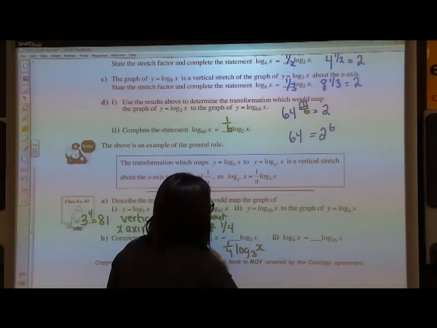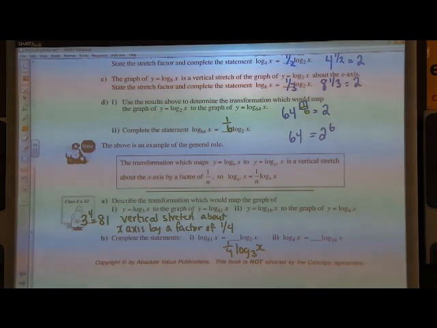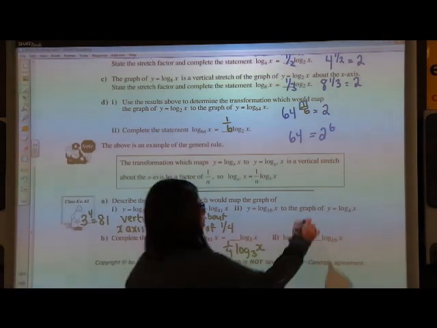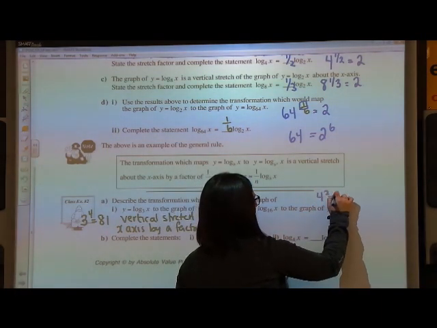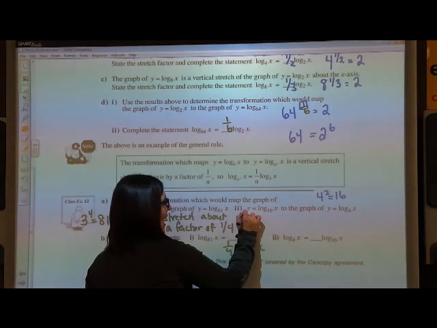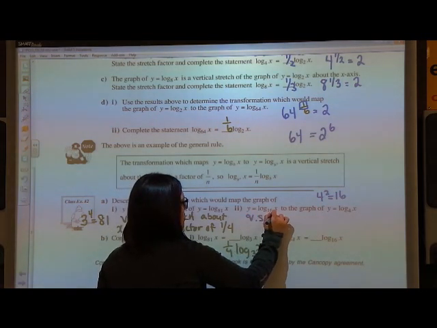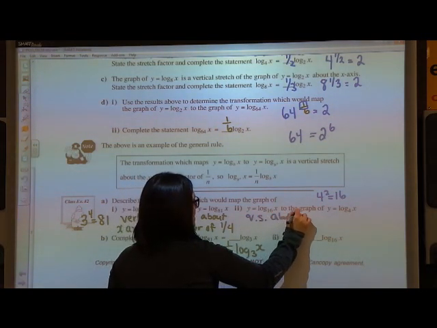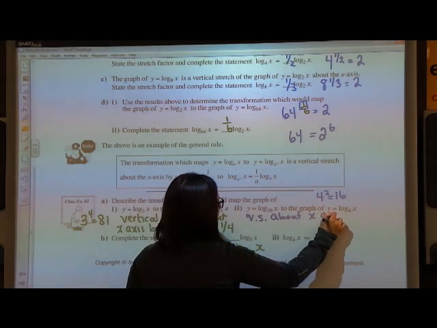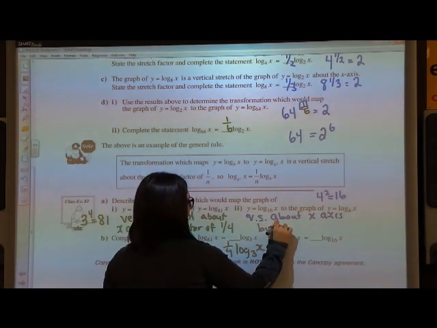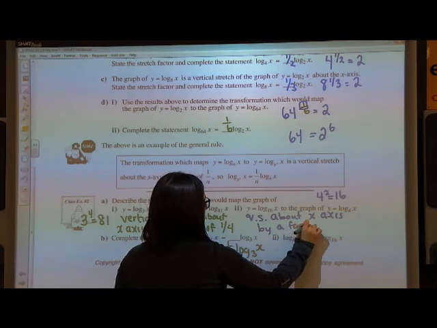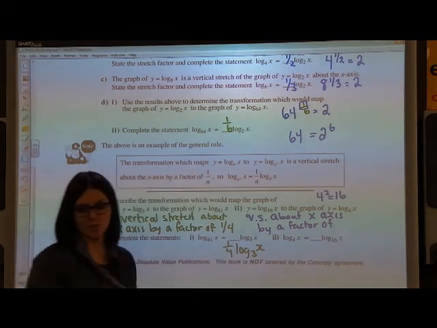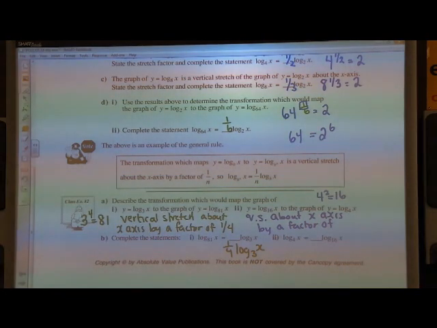So if I look at number 2, what exponent would 4 need in order to go to 16? 2. So 4 squared would equal 16. So then what I have is a vertical stretch about the x-axis by a factor of how much? 2.